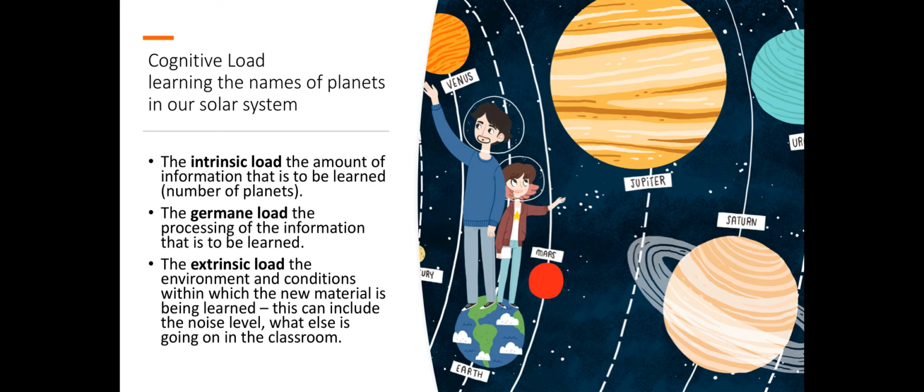Now, children will differ moment to moment, subject to subject, and also day to day on these three. So the extrinsic load might be different on a maths subject than it is for a geography subject. That processing of the information, that understanding might be different depending if you're looking at numbers or if you're looking at words. And of course the extrinsic load changes constantly.